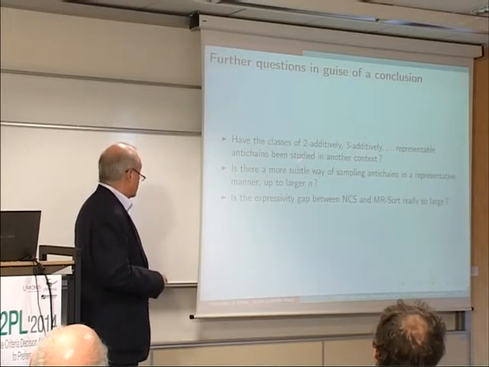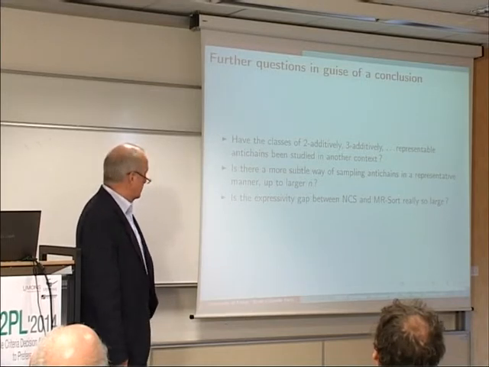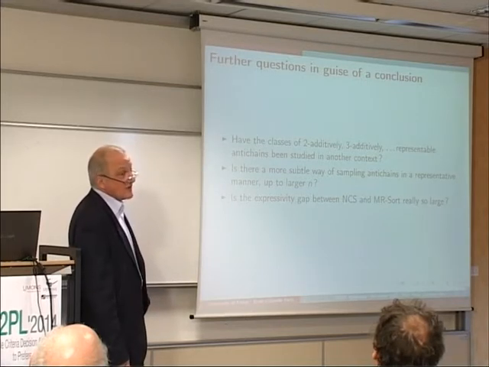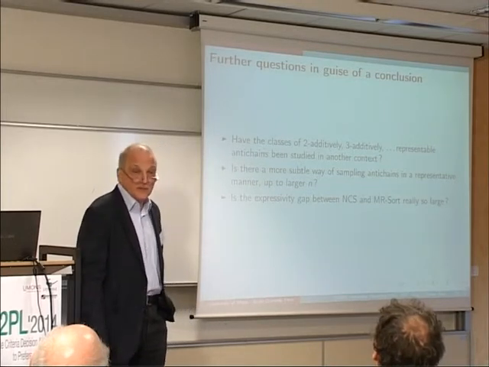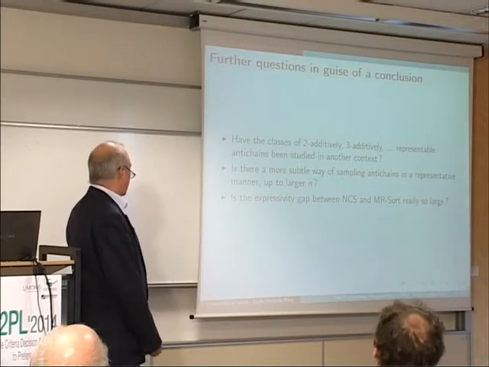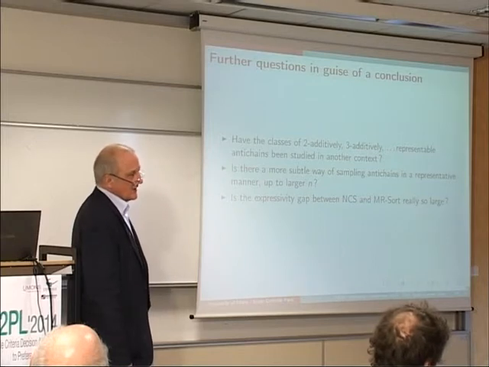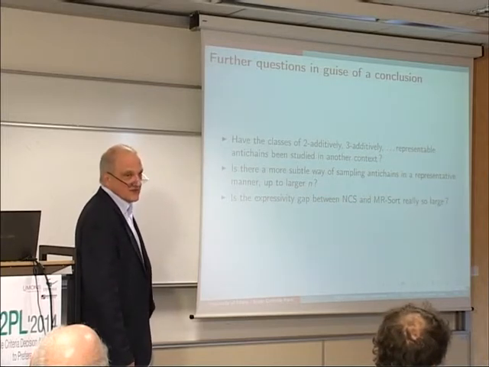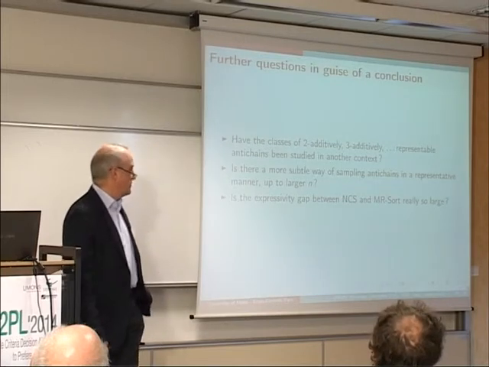Another question is, is there a way of sampling anti-chains in a representative way without listing them, because listing is not possible very soon? And then another question is, in fact, is it so sure that the expressivity gap between the two models is so large?